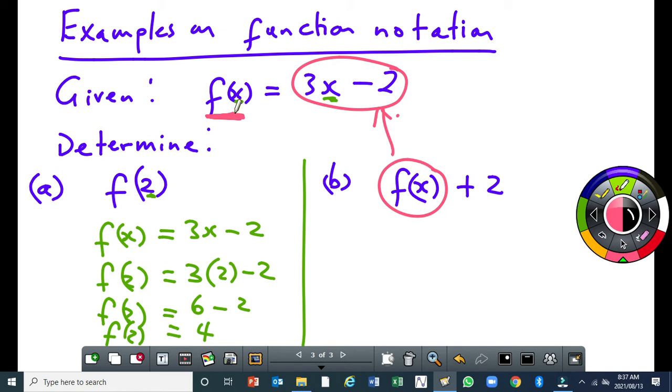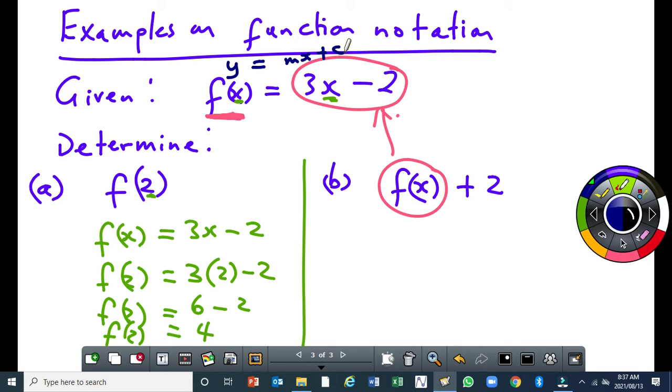In terms of graphs, it means this linear function, the one that you did last year, which is of the form y equal to mx plus c, you are moving it by 2 units up. That's what this means.